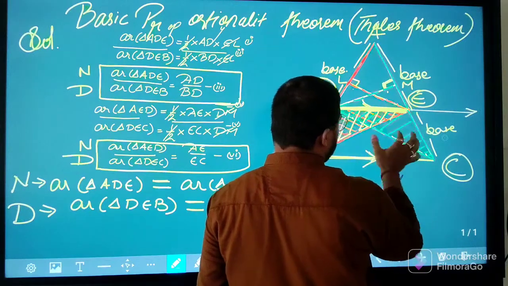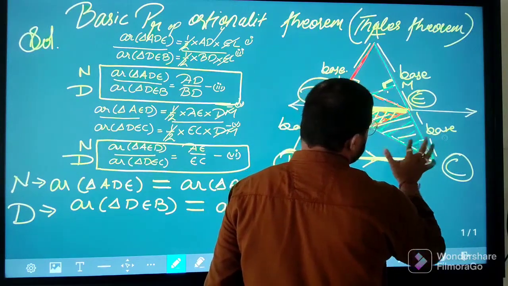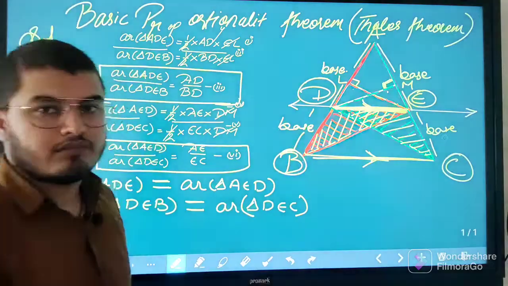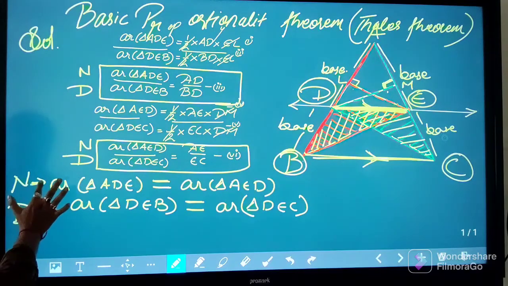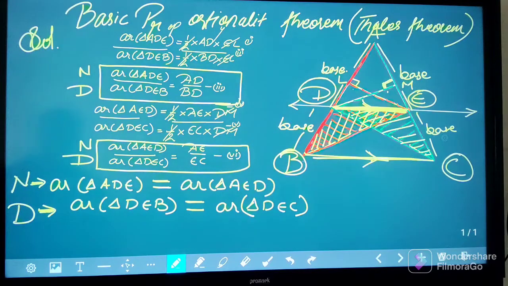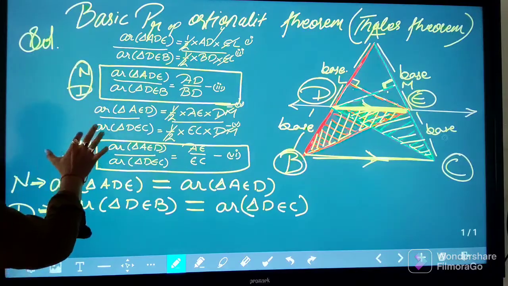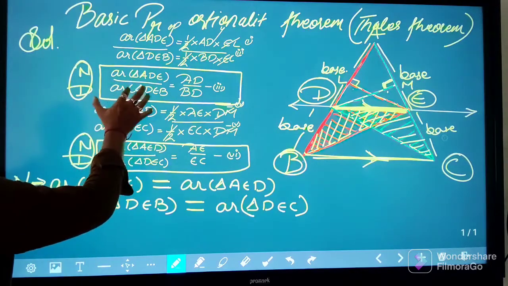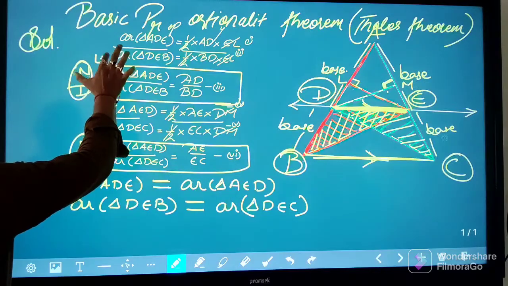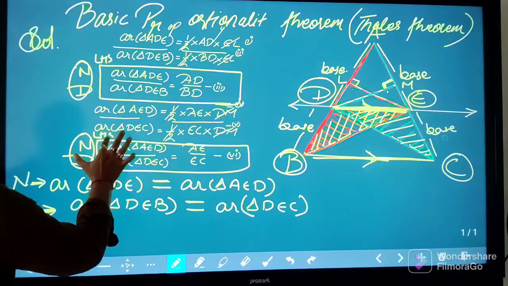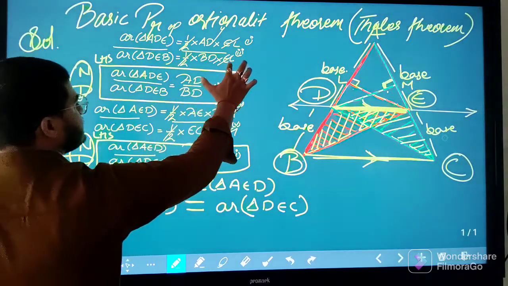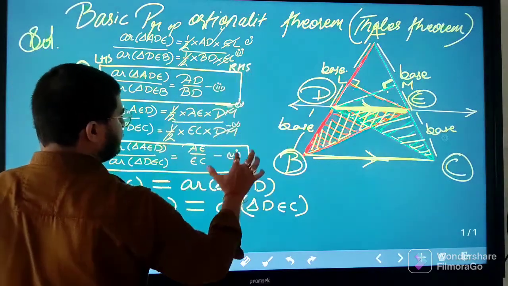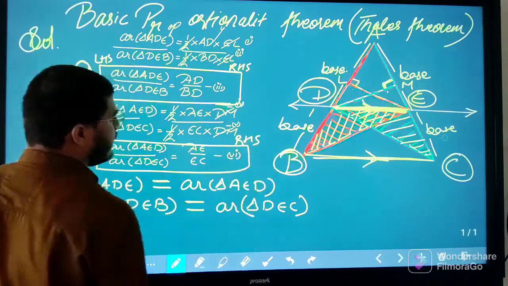So the area of this triangle will be equal to the area of this triangle. Now you can see that numerator and denominator both are equal. So when the numerator and denominator of the LHS of both of them are equal, the RHS will automatically become equal.